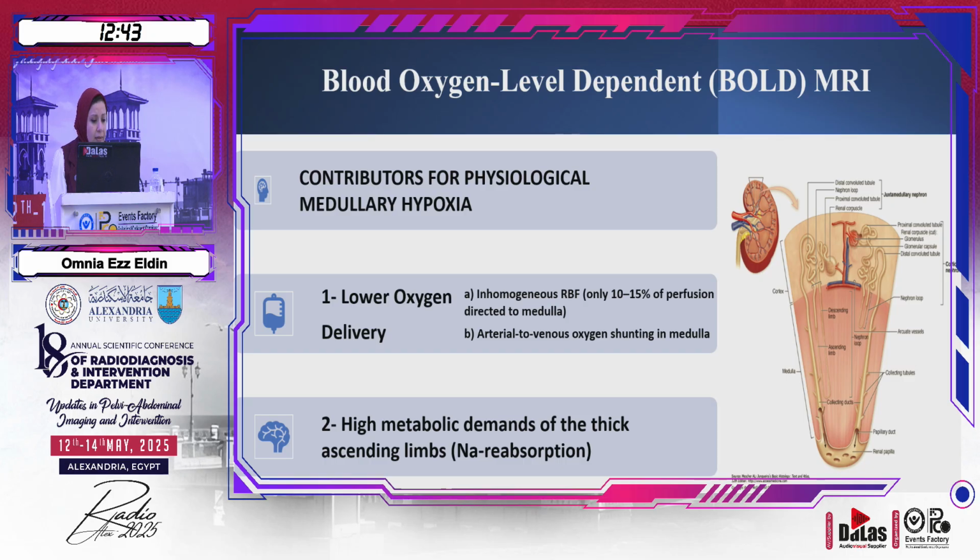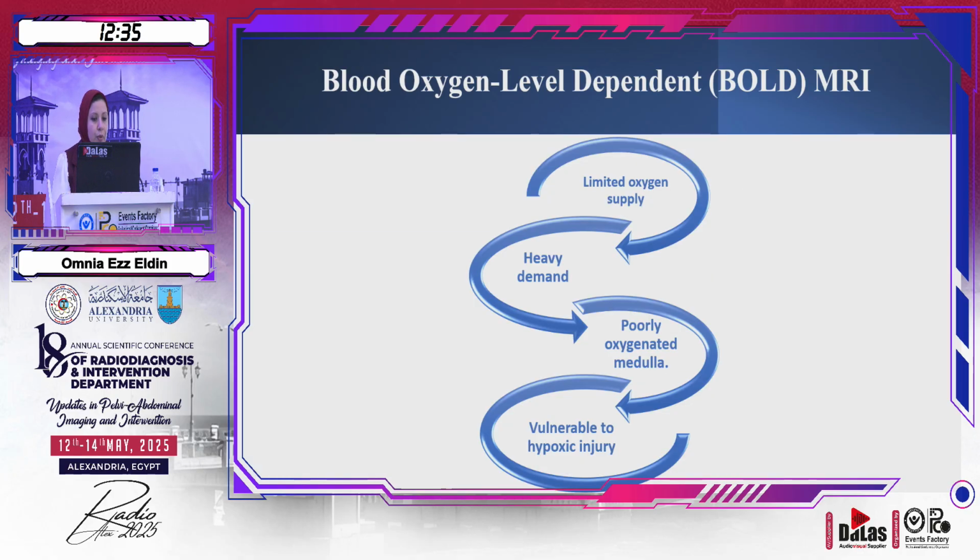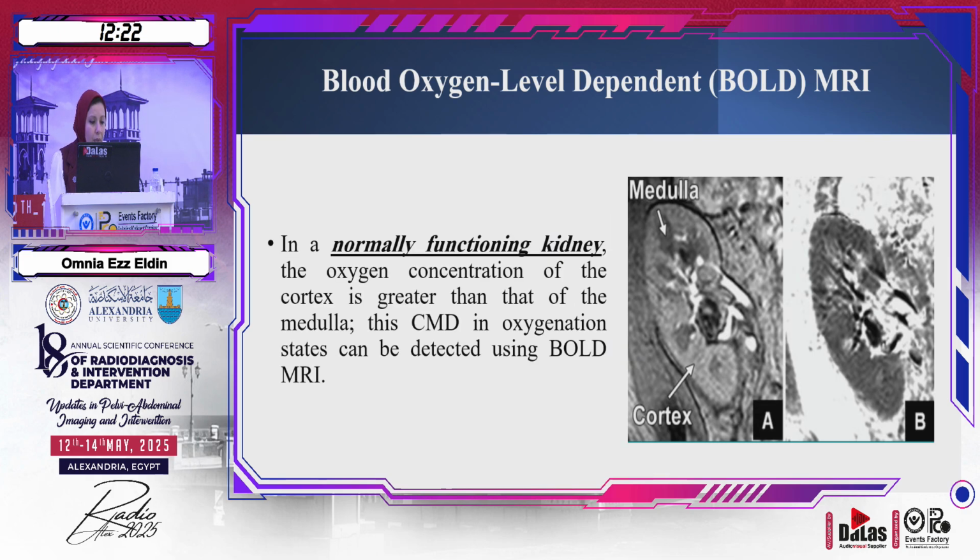On the other hand, there is high metabolic demand in the medulla due to the sodium reabsorption process. So we have limited medullary oxygen supply and heavy demand, both resulting in a poorly oxygenated medulla, which makes it vulnerable to hypoxic injury.